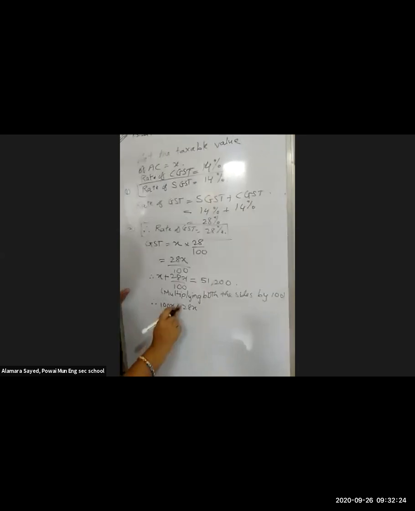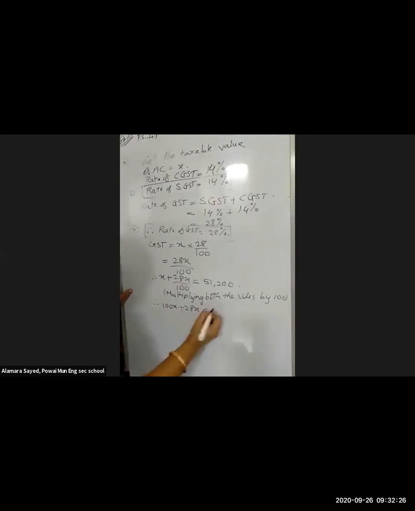So now multiplying both the sides by 100, what we will get? 100x plus 28x is equal to 51,200 with two more zeros added, that is 5,120,000.